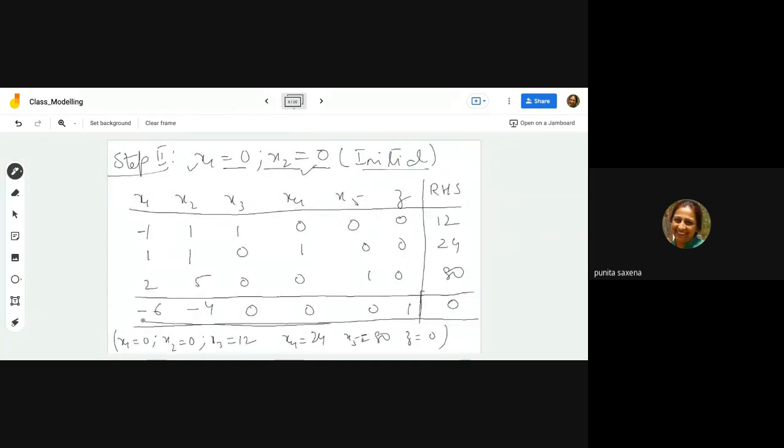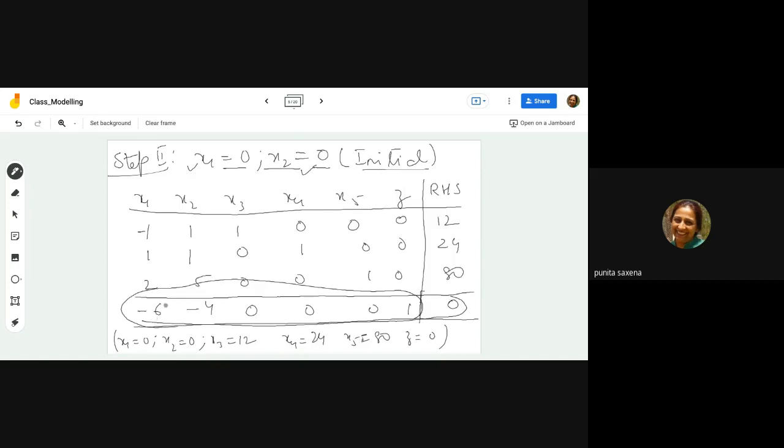This row, this one. I mean, sorry, not z here. This row. If you have a negative coefficient present here, that means the current solution is not optimal. So for the current solution to be optimal, what do you want? All these values to be either 0 or positive. We don't want them to be negative.